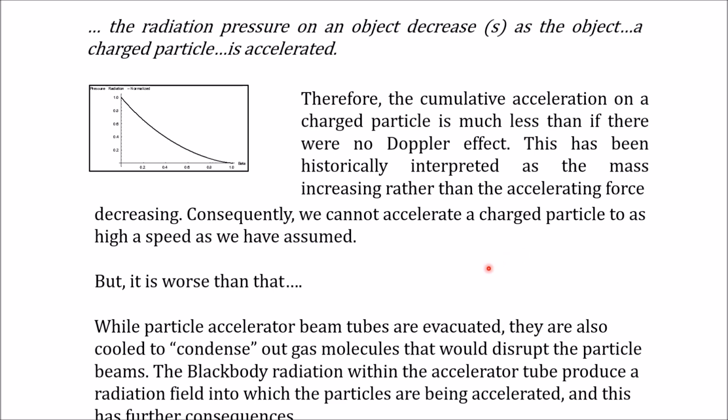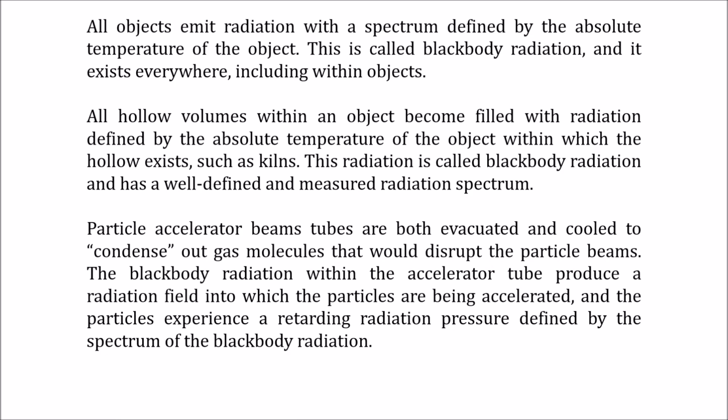And so what you wind up with is a retarding force on the accelerated electron, and therefore it comes to a terminal velocity. It reaches a particular velocity given by the black body radiation in the tube and the Doppler shift of the driving radiation associated with the power that's being generated by the klystrons. There's some 200 of them, I think, in the system.